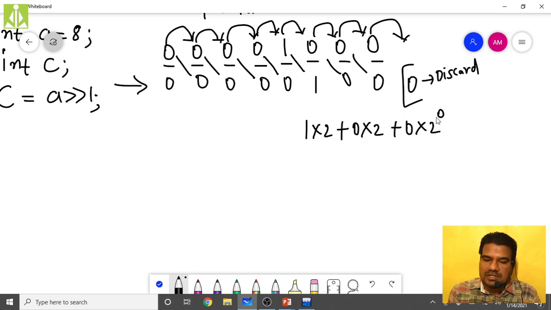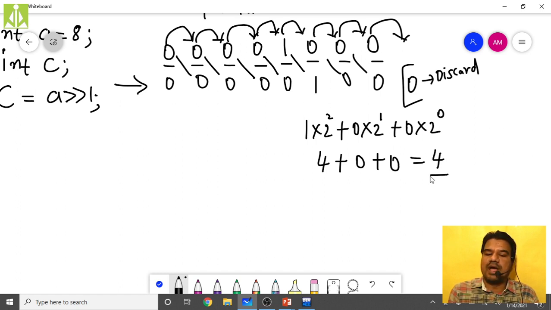Add the powers: 0, 1, 2. The rest will constitute zeros only, because 0 is multiplied with 2, so they become zeros; that's why I'm not writing them. So this value becomes 4, this value becomes 0, and this value also becomes 0. So what is my final value? I am getting 4.